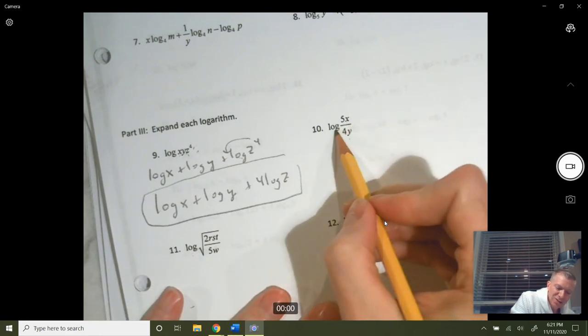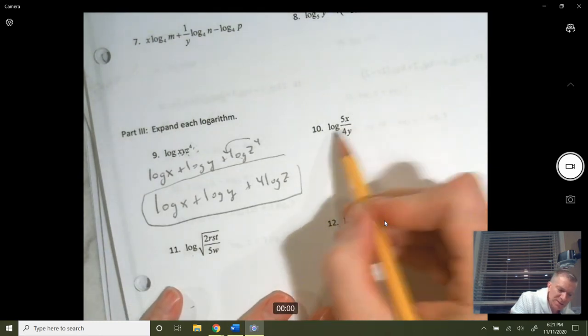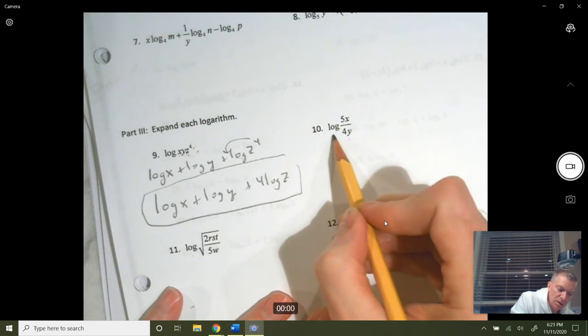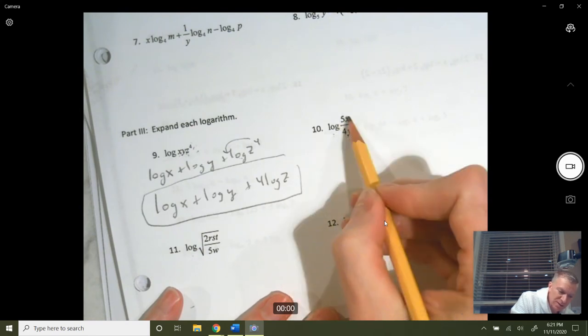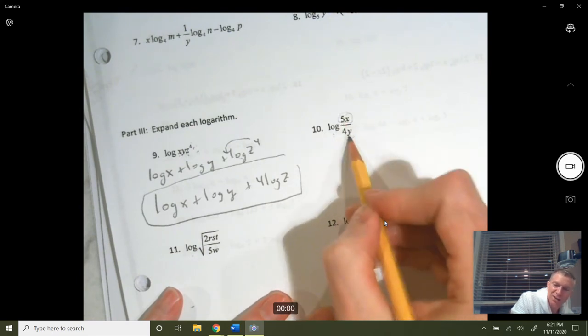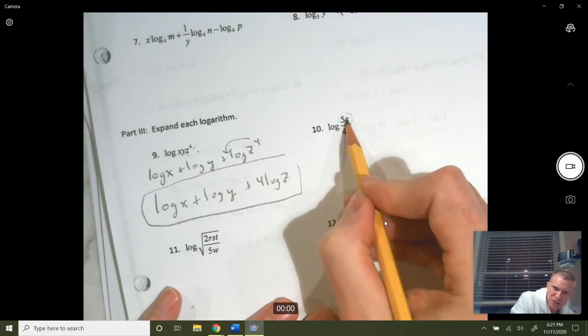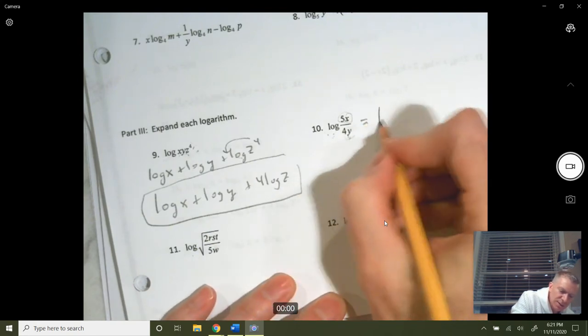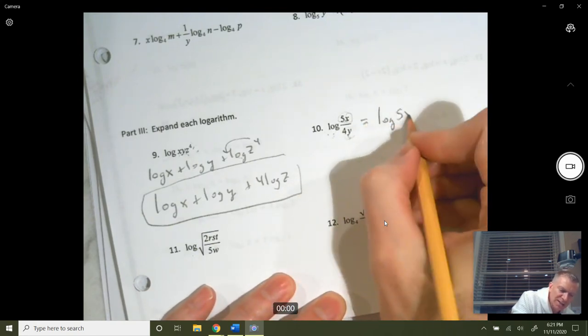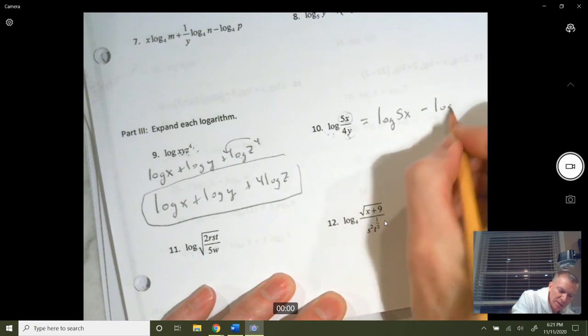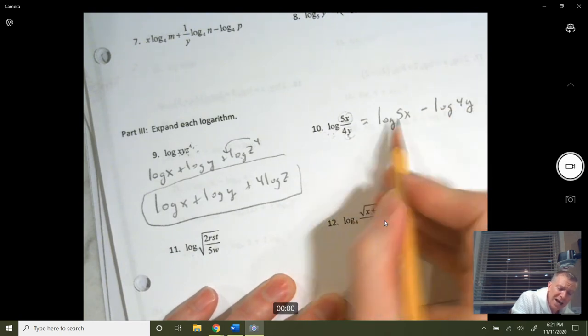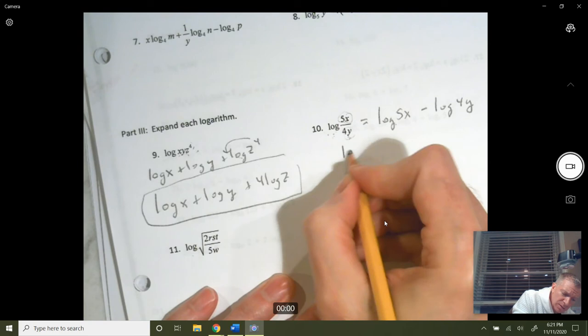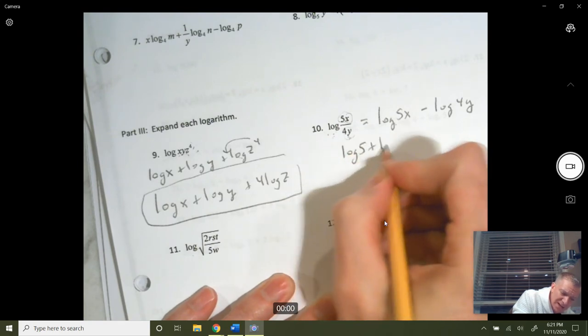This one, you can't do the product rule first because it's not the log of a product. It's the log of a quotient first, because you've got something divided by something. You have to break the quotient apart first before you can dig into the product that's just in the numerator or the product that's just in the denominator. So that's going to be the log of the numerator, 5x, minus the log of the denominator, 4y. Now we can break that apart. Log of 5 plus log of x.